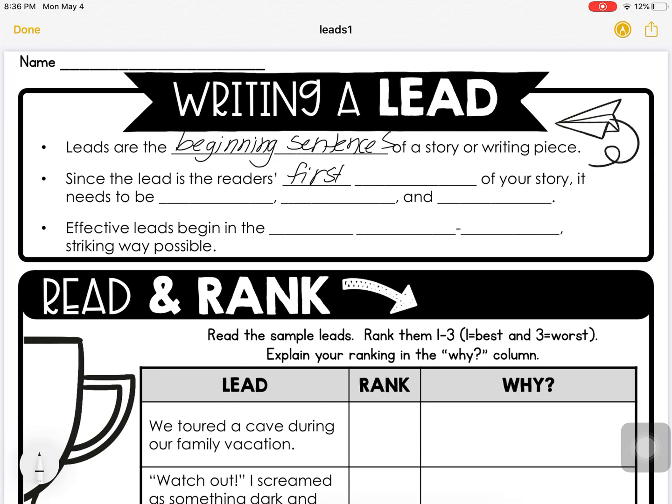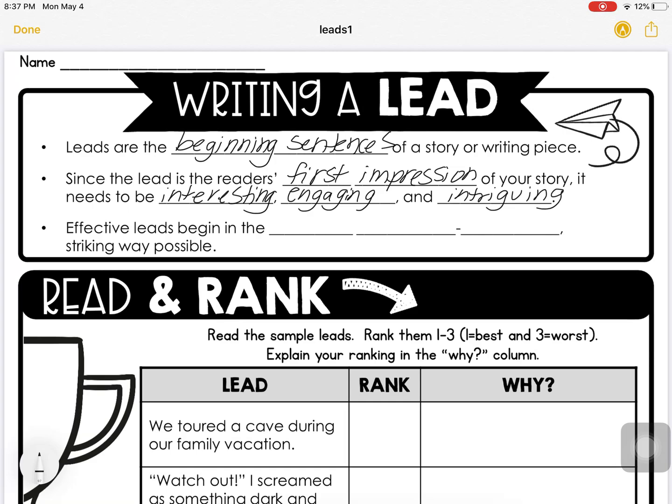The first time they're seeing it, you want it to be good. It makes them want to read more.